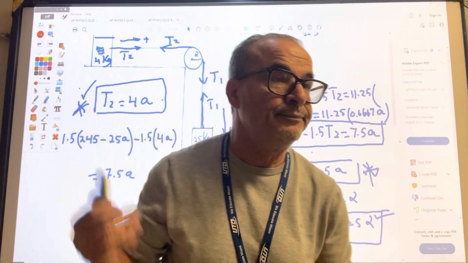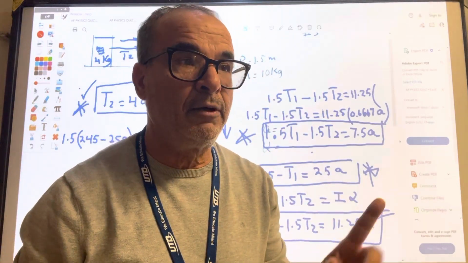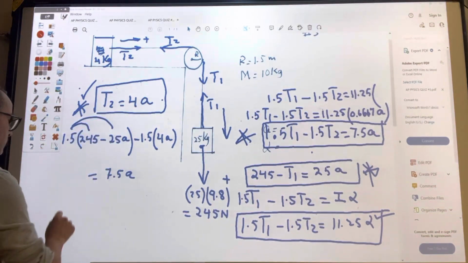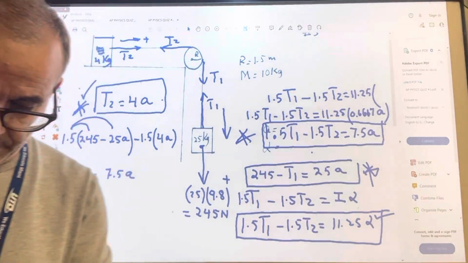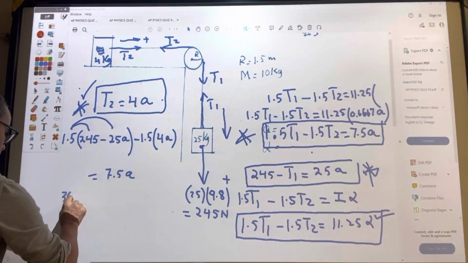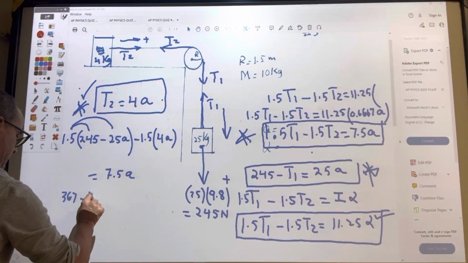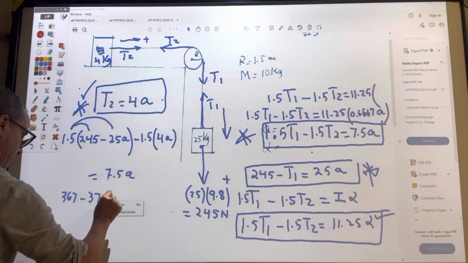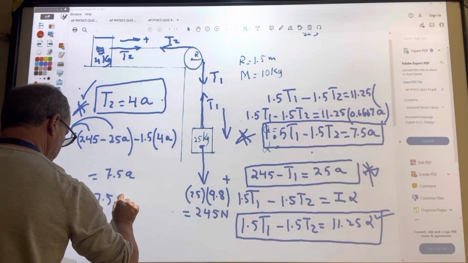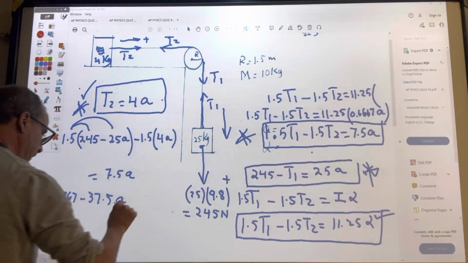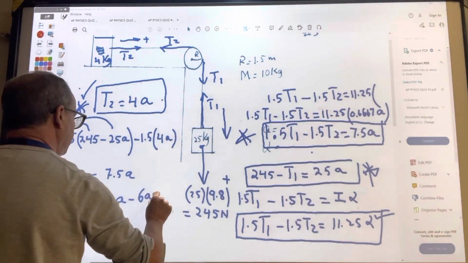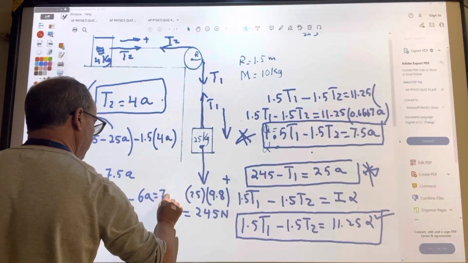Look what just happened. We have an equation with one variable, A. So we're going to solve it. We multiply this first. So we're going to have 367.5 minus 37.5A minus 6A, because 1.5 times 4, and it should be equal to 7.5A.